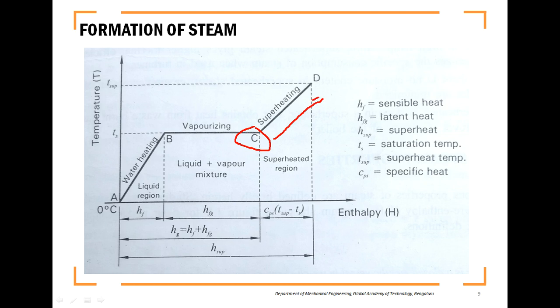When you heat further, it reaches a different temperature state, which is represented as TSUP. TSUP is nothing but the superheated temperature, and the volume occupied by that particular state of steam is called the volume of the superheated steam, and that is represented in the figure in stage number 5.